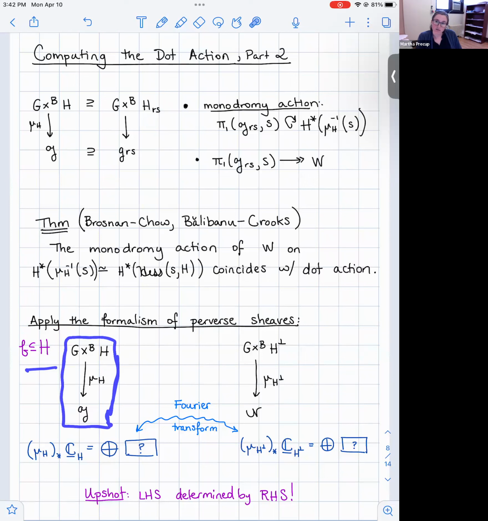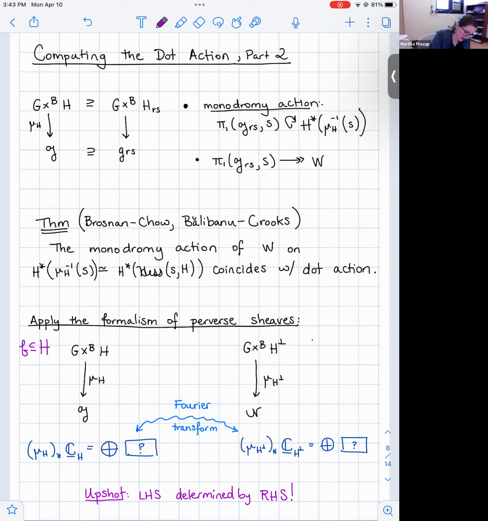But the Fourier transform for perverse sheaves says I have an equivalence of categories to work with here. If I want to push forward the trivial sheaf and think about how it decomposes, I could also apply the Fourier transform and work over here with respect to the orthogonal complement under the Killing form.